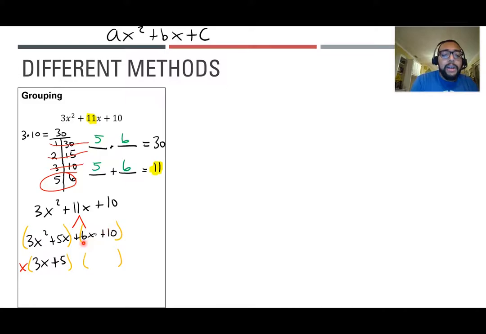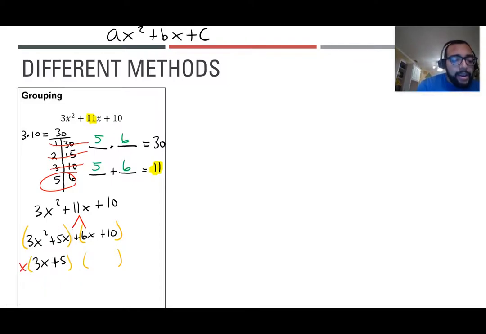Same thing here. Figure out, what can I take out? 6x and 10, I can't take out an x. That's not possible. Oh, but I can take out a number because they're both even. So what's the biggest number that goes into both 6 and 10? Actually it would be 2.